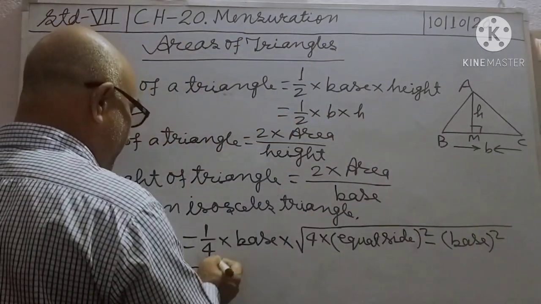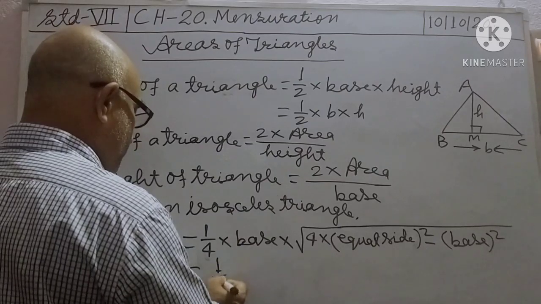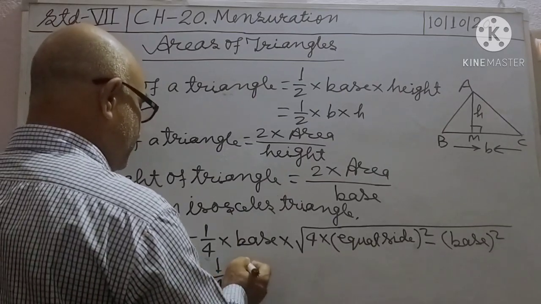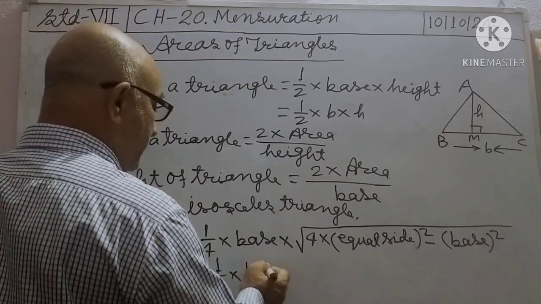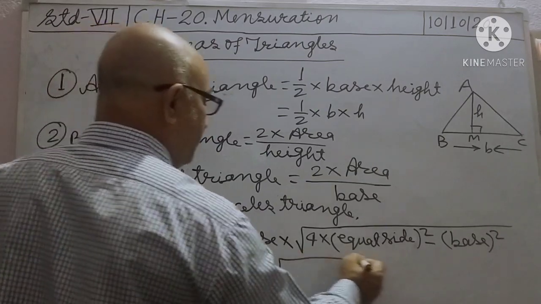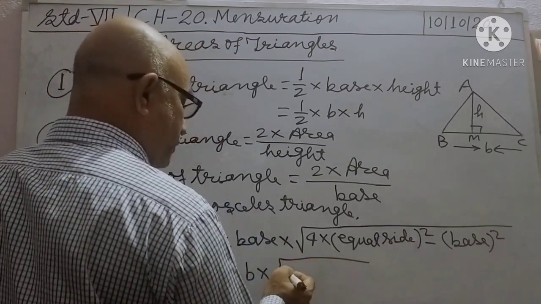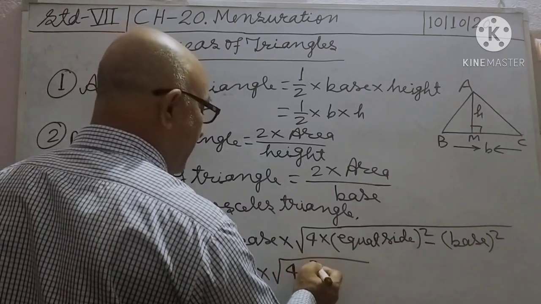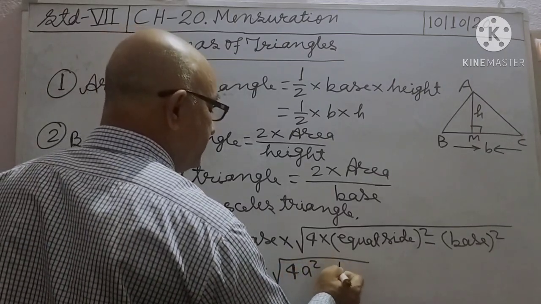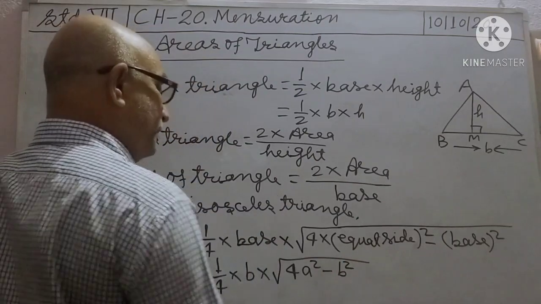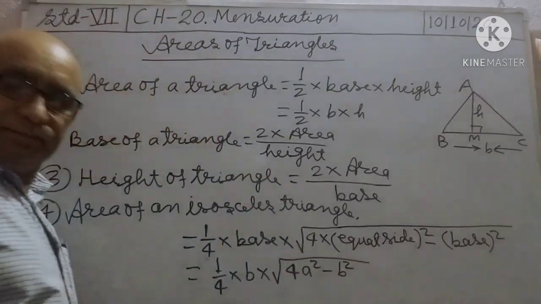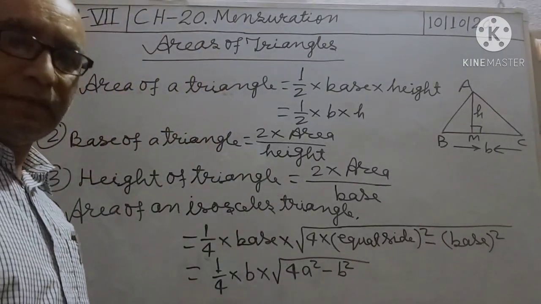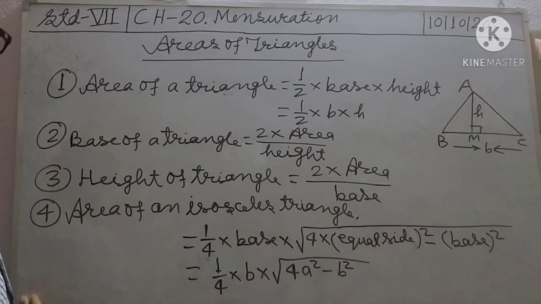Its short form is 1 by 4 into b into under root 4a square minus b square, where the equal side is a. Understand and write it.